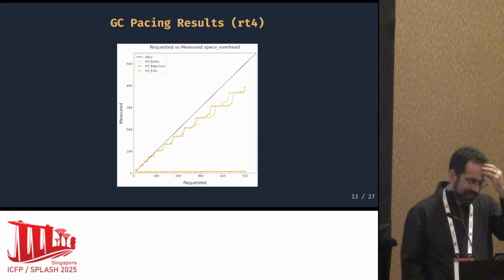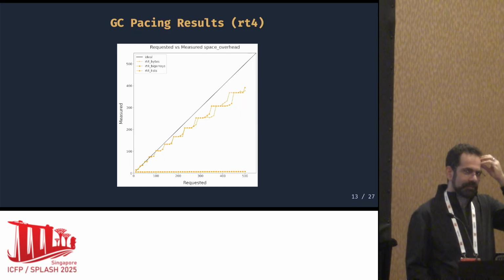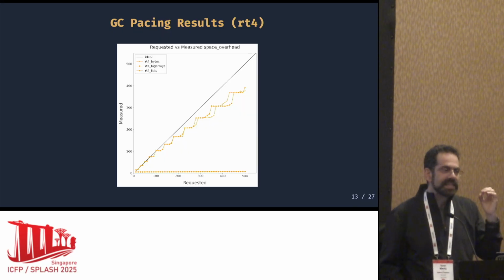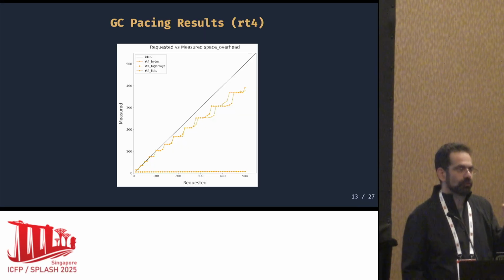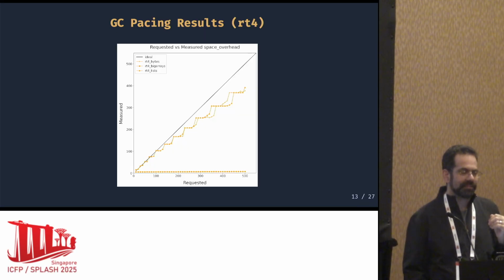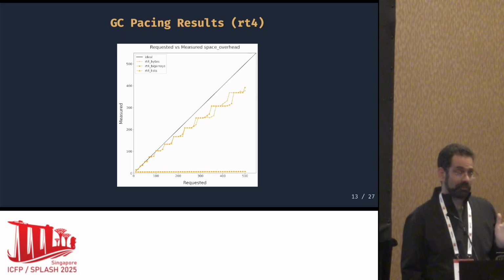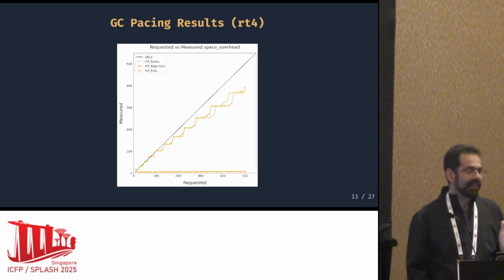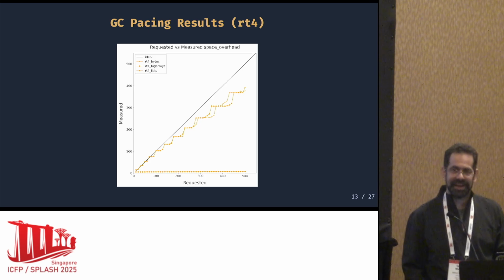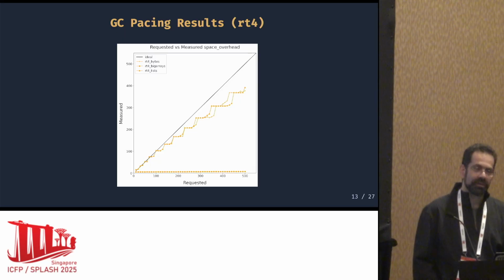And then there's that horrifying line on the bottom. That's a benchmark which is really aggressively allocating external memory, these big arrays. And there, you see it's just not responding to the control at all, and the garbage collector is working super hard all the time to collect as much as it can. So parts of this work well, parts of it are horrifically broken.